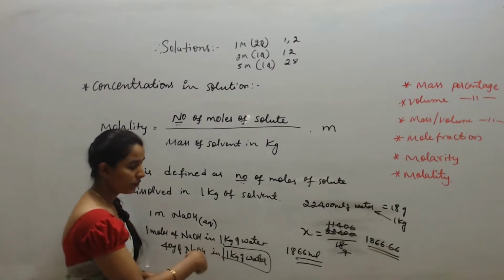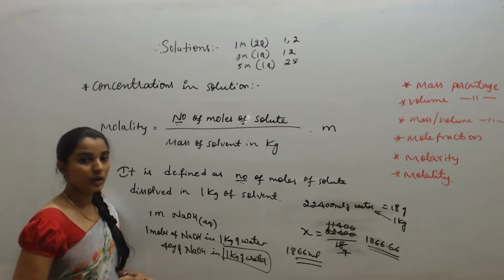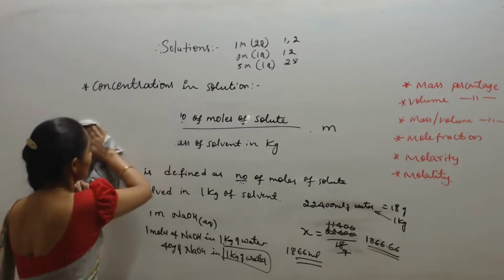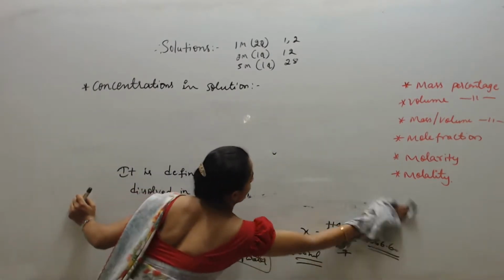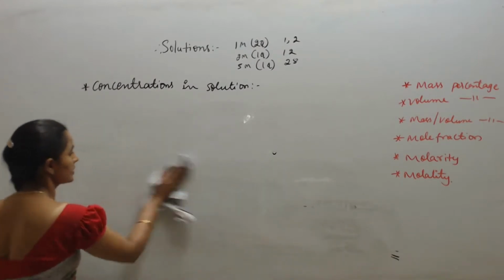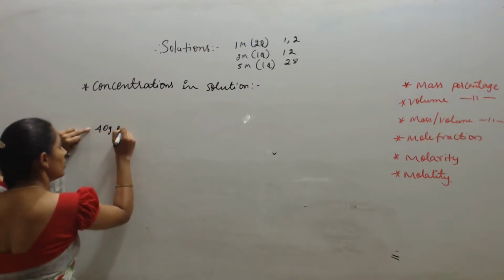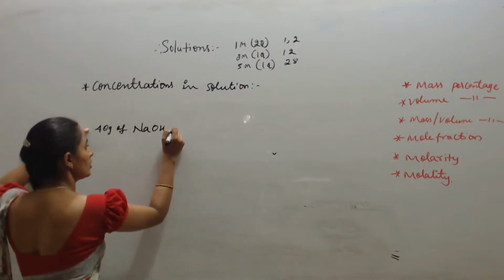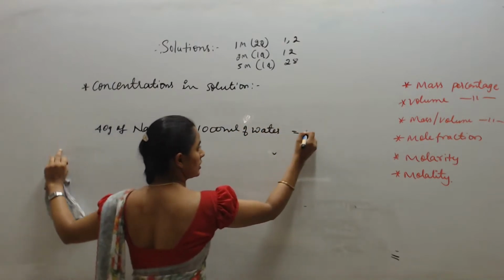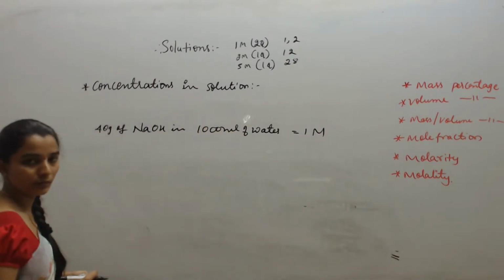Okay? For molarity we consider ml. For molality we are considering what? Kg. I hope you understood. So right here you understood the difference. Just now I calculated 1866 gram gives 1 kg of water. So listen, 40 gram of NaOH in 1000 ml of water, so that is 1 mole, that is capital M. Correct?